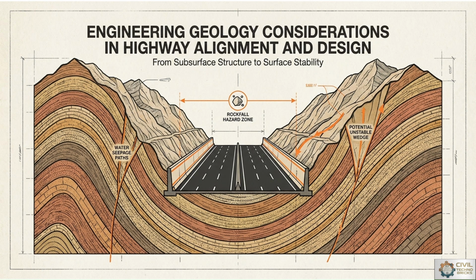Highway alignment must consider rock type, soil conditions, groundwater availability, and slope stability. Improper geological assessment may lead to landslides, pavement failure, settlement, and drainage issues. So, civil engineers use geological data to ensure economical, durable, and safe transportation systems.